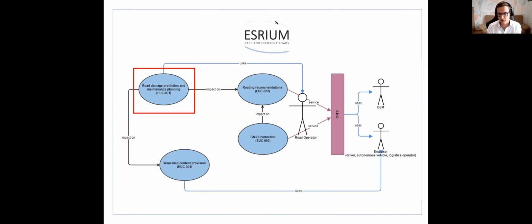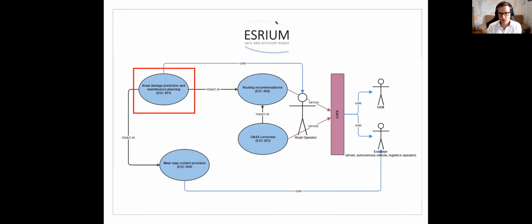We will have a look into all of these use cases in the next minutes, but due to time constraints, I will not go into detail of this graph, as most of the relations will be addressed in the following description of the use cases. However, if you are interested in more details, you can find more information in the deliverable on our Esrium website.